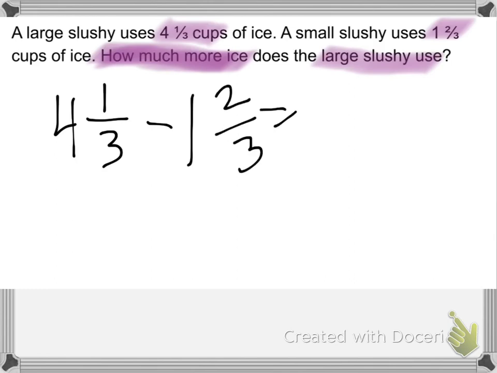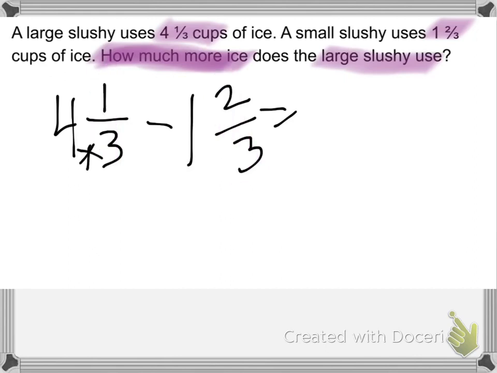Again, same common denominators. Now I'm going to be looking at the fractions. My first fraction is 1/3. My second fraction is 2/3. My first fraction is smaller than my second fraction, so I have to turn it into an improper fraction.